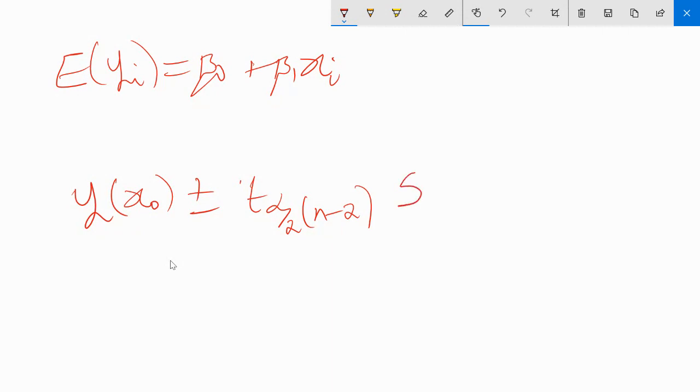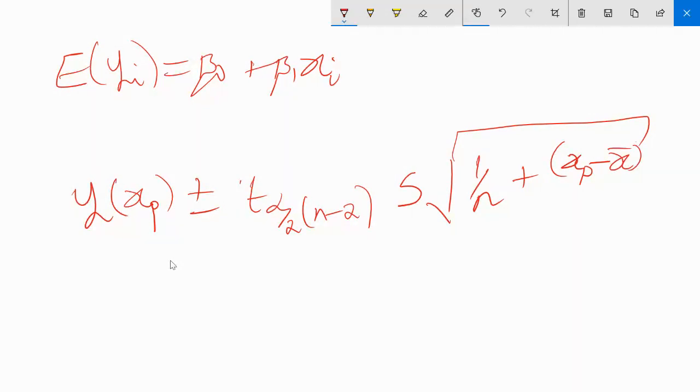And the standard error for this is S multiplied by the square root of 1 over n plus xp minus x bar squared divided by SSXX. We can prove this, but I'm not interested in the proof of this. It will just waste our time, because it's taking us nowhere.